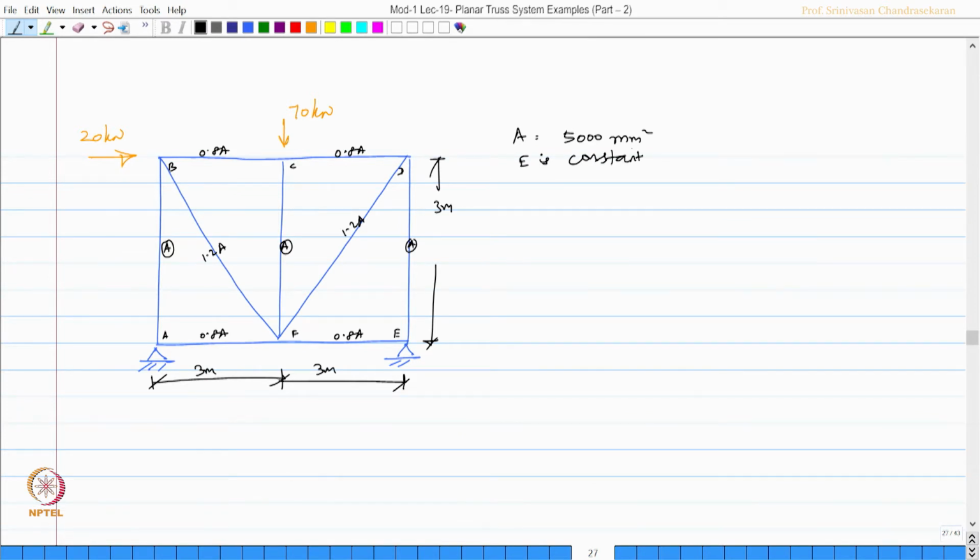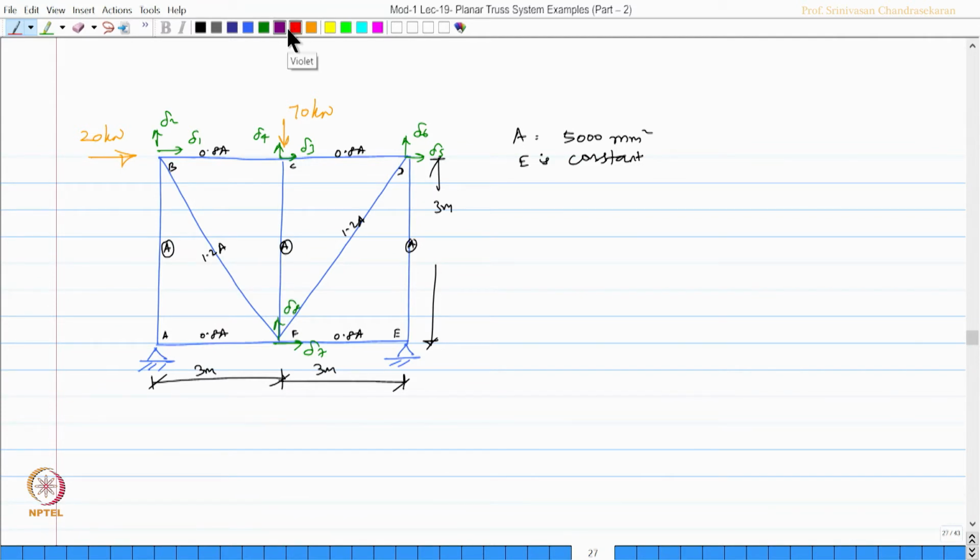Okay. Let us mark the unrestrained degrees of freedom for this problem. So, this is delta 1, delta 2, delta 3 and delta 4, 5, 6, 7 and 8.